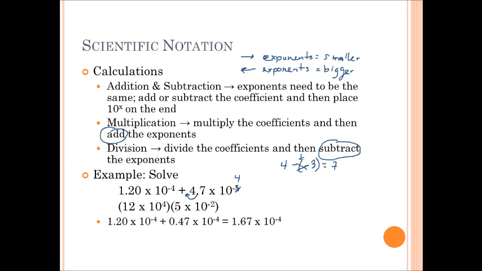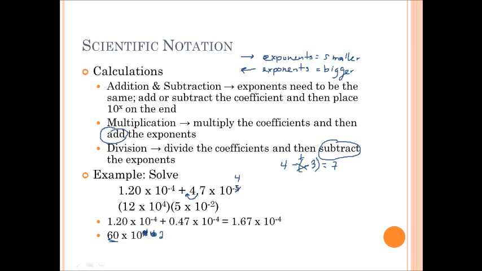Alright, so our example here is 12 times 10 to the fourth times 5 times 10 to the negative second. So we take 12 times 5, which is 60, and then 4, and we subtract 2, so this should be 10 to the second, excuse me, which is actually incorrect in the PowerPoint.